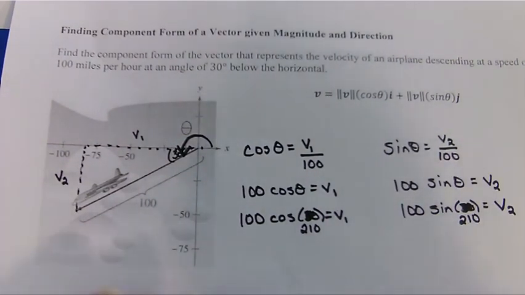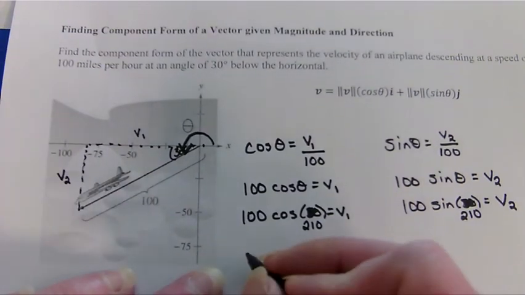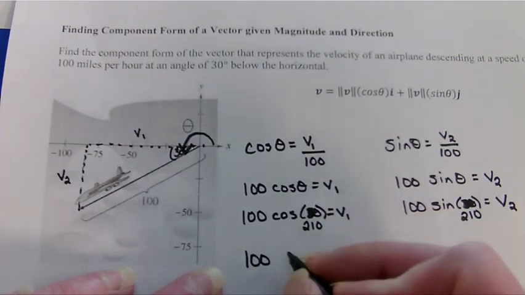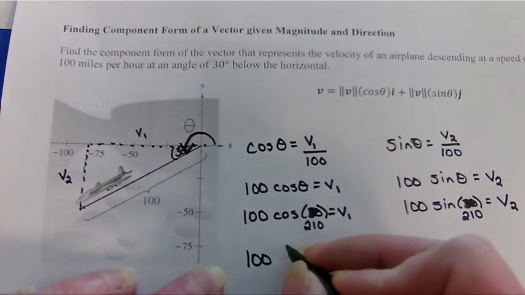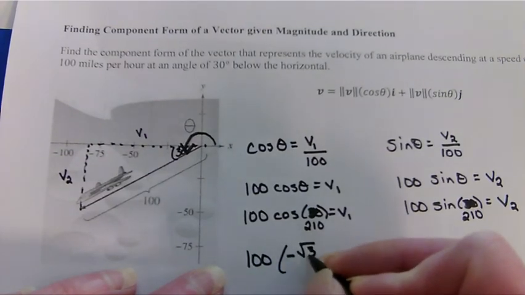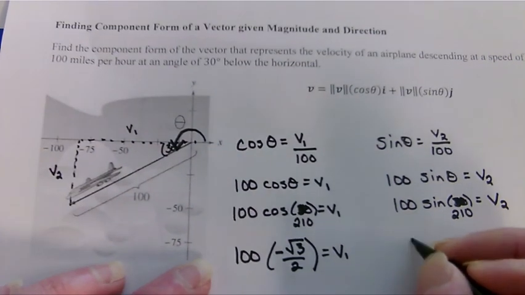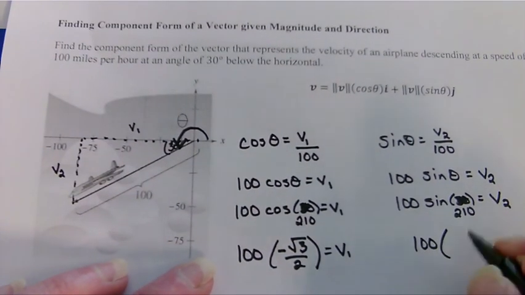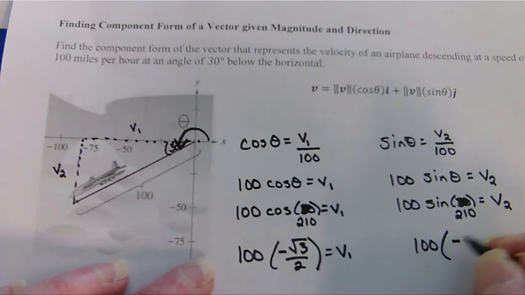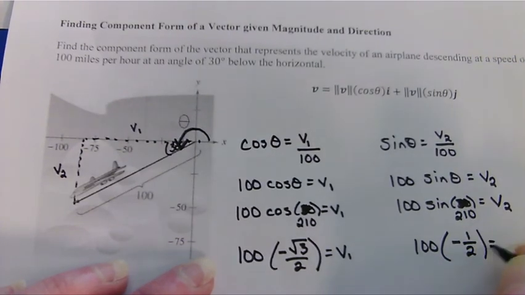And I could look back at my chart and look at 210, and cosine would be the x value, and sine would be the y value. You could also put it in your calculator.